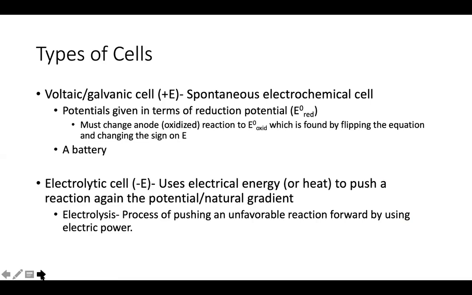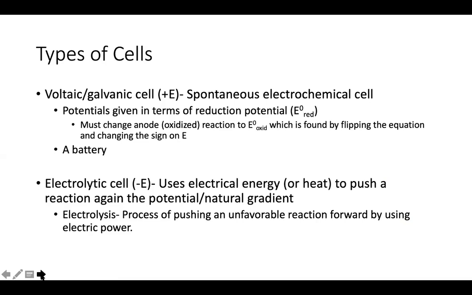Okay, so two slides ago, again, I said that spontaneous electrochemical cells have positive E values, while non-spontaneous ones have negative E values. Any cell that's spontaneous, so has a positive E value, can be referred to as a voltaic or a galvanic cell. By definition, you will never have a galvanic cell that has a negative E value.